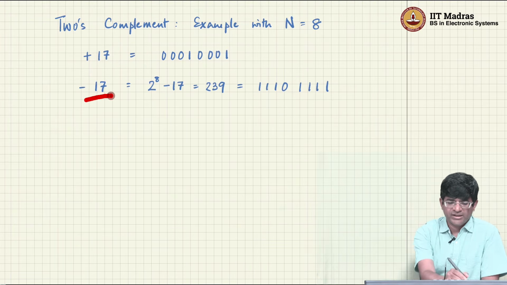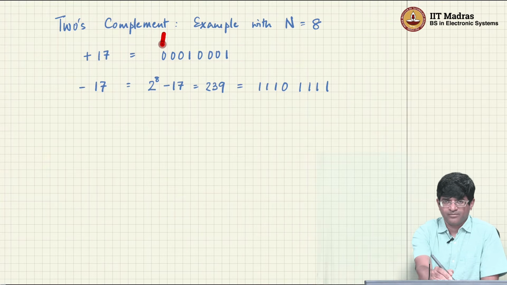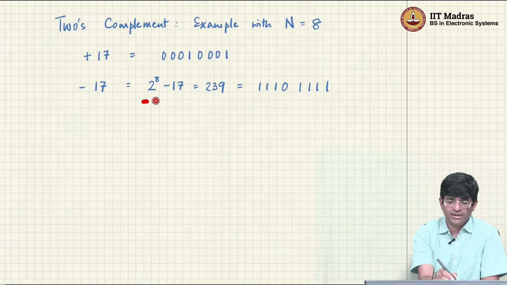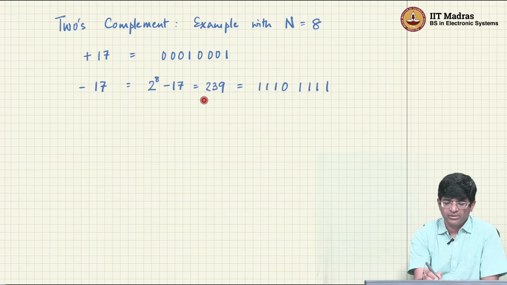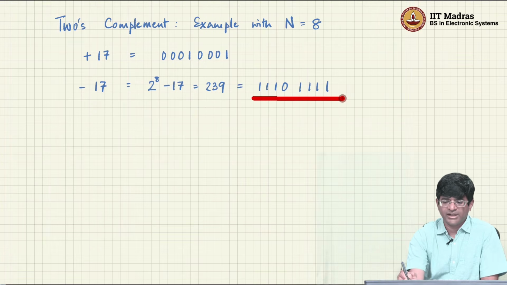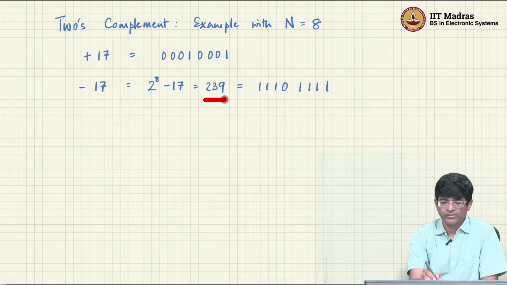If I want to do minus 17, in signed magnitude what I would have done is flip this bit to 1 and just stop there. But here I'm going to do something slightly different. I'll take 2 to the power of 8 minus 17, find that the value is 239, and get the representation of that out here. This is the binary representation of 239.